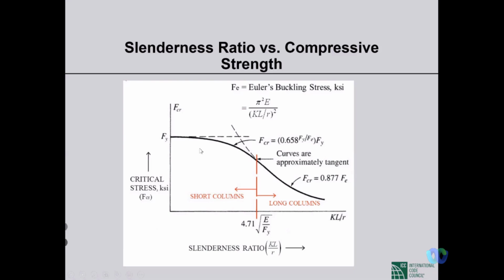If it is very short, then the whole cross section will yield first, not buckle. So near this vertical axis, the capacity will be almost like Fy, that is yield stress. That is, all the fibers of the section will experience yielding before it fails. So that is a very good case. We can use up all the material up to its yield stress. This is the maximum capacity one section can have, and that is called plastic capacity.